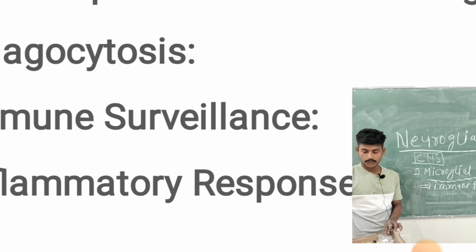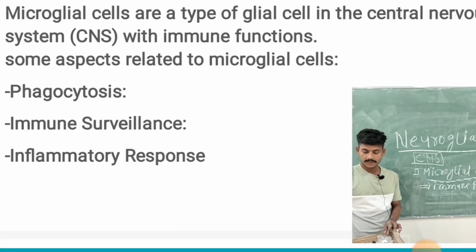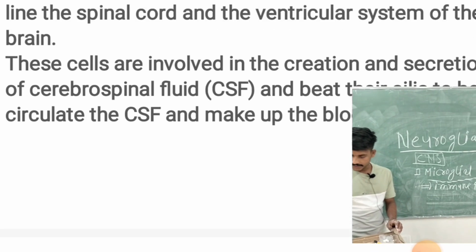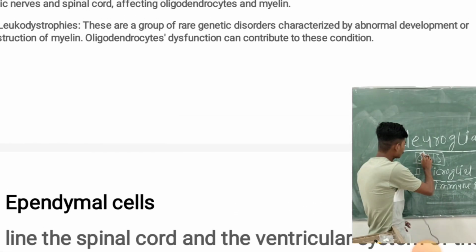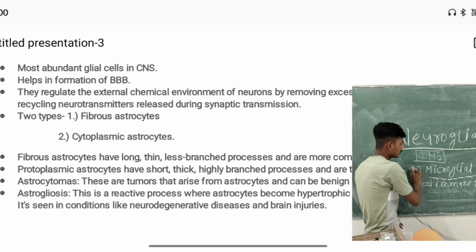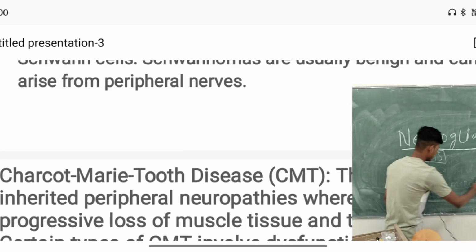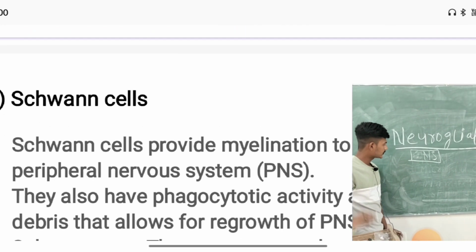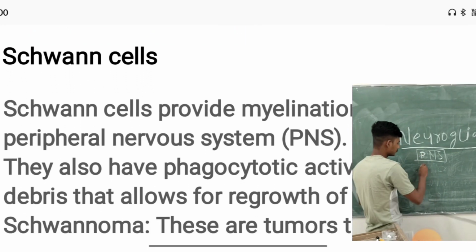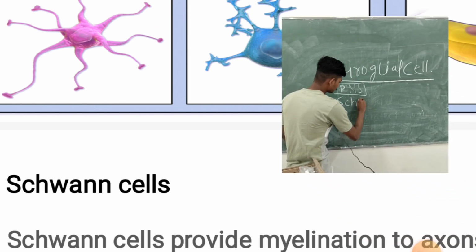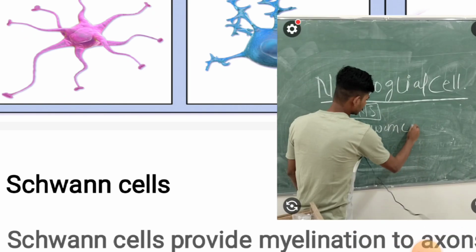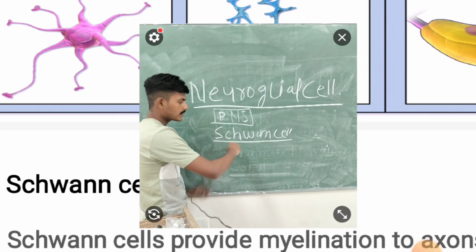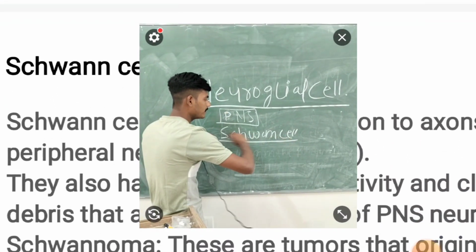Now we will discuss the two cells which are present in the peripheral nervous system. The first one is called the Schwann cell. The Schwann cell is present in the peripheral nervous system, and it will myelinate the peripheral neurons.